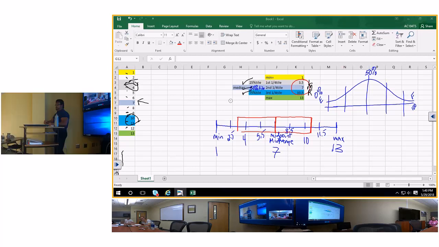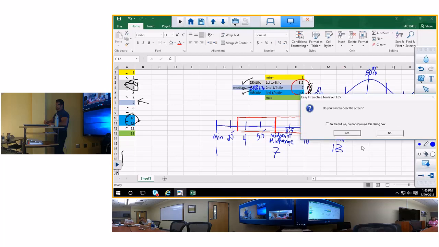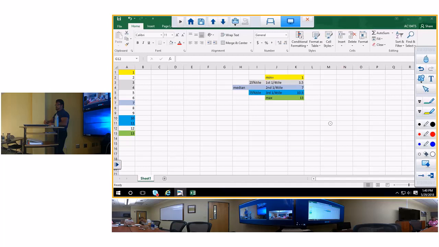So I'm going to clear the whole shebang and put a 14 right here. I know it's redundant, but the whole point is I'm trying to save time and teach y'all the most material in a short amount of time.